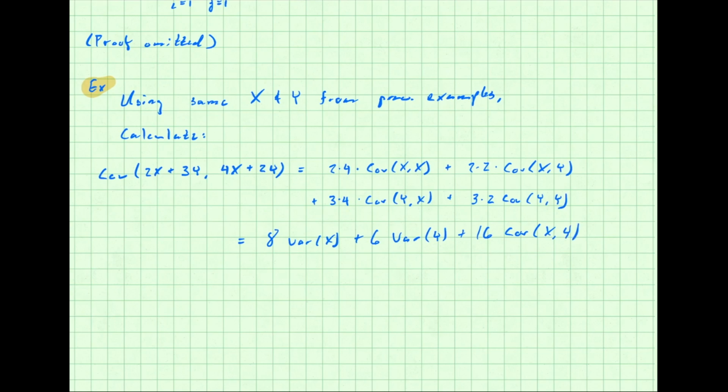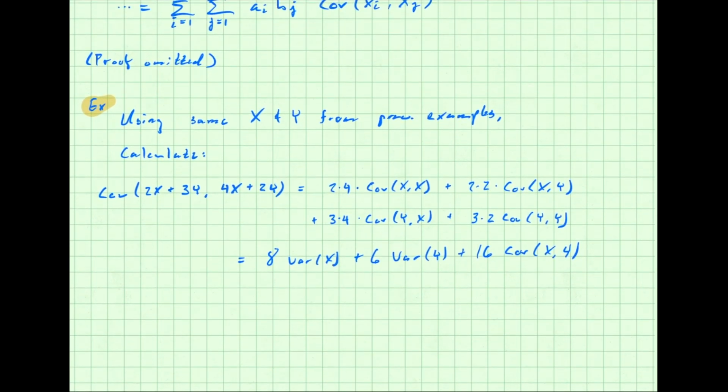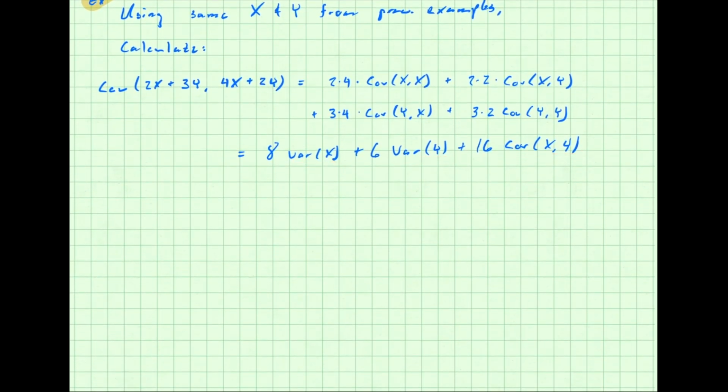And then in our desperate attempt to actually give you numbers to come out of this, you can look at the previous example above, and find the variance of x and y, and then the covariance of x with y, and you get the following. So this becomes 8 times 71 over 225 plus 16 times minus 1 over 25 plus 6 times 33 over 50.